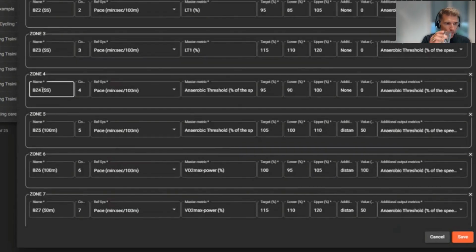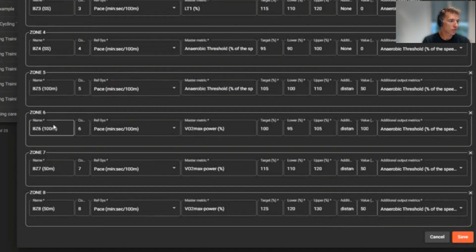Our zones 4 and 5 have the reference marker to the second lactate threshold, and our zones 6, 7, and 8 have the reference marker to the VO₂max. So this allows us to design a really individual training zone metric. This is cool for us and helps us a lot in our understanding of training zones.